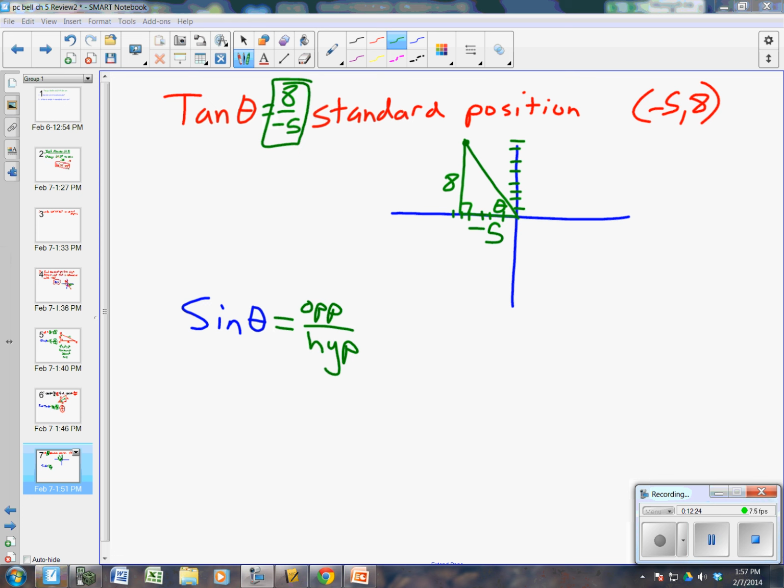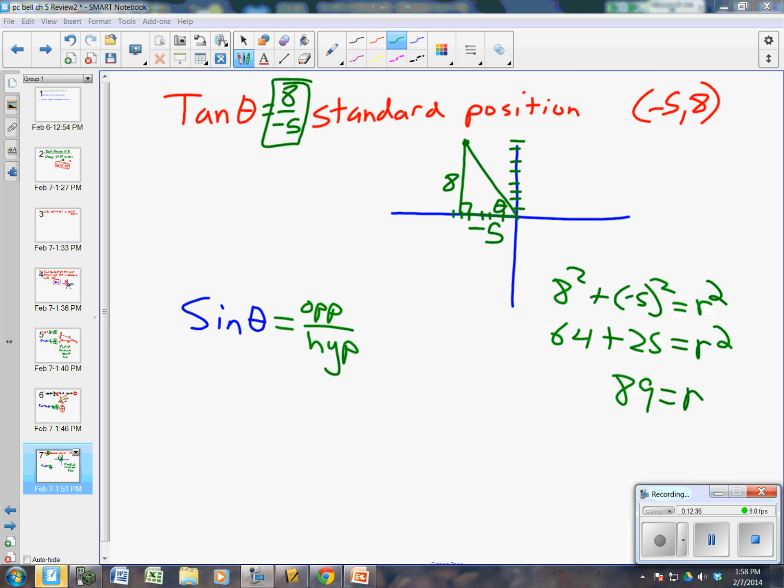Well, we go 8 squared plus -5 squared equals r squared. We get 64 plus 25 equals r squared. We add those together, we get 89 equals r squared. So r equals the square root of 89. Remember, really it's plus or minus square root of 89, but when you write r, it's always a positive. Okay, so square root of 89.